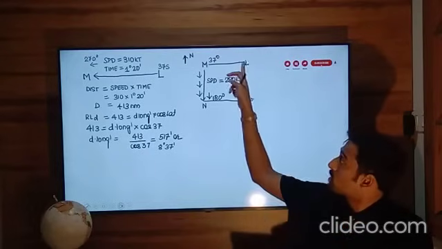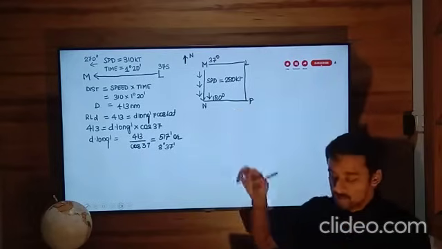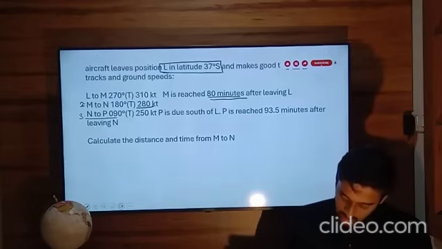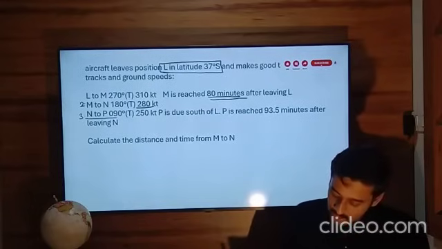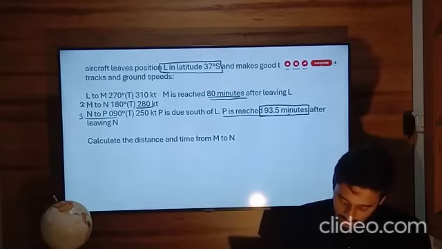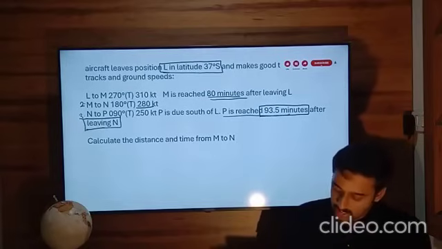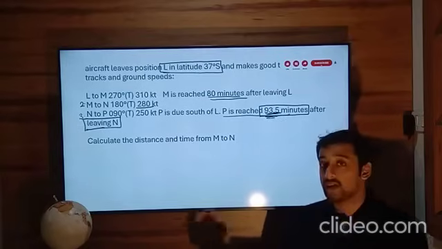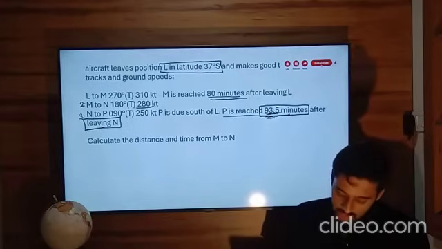So that means the longitude for L will be the same as longitude for P. Next they say P is reached 93.5 minutes after leaving N, and the speed is 250 knots.